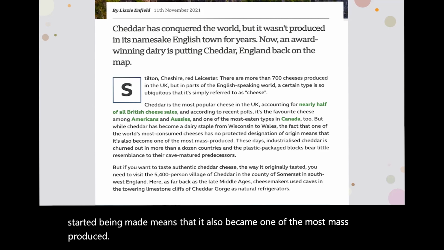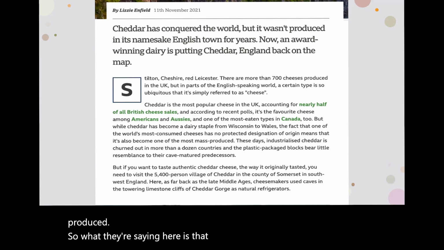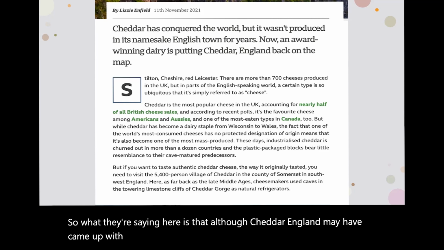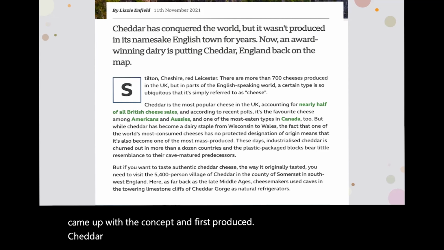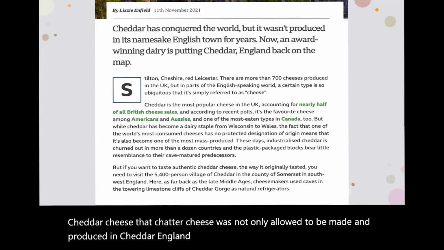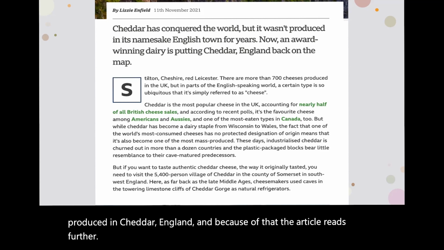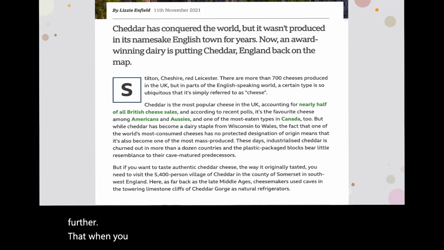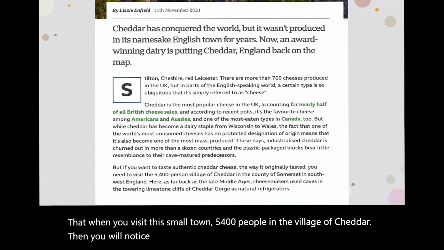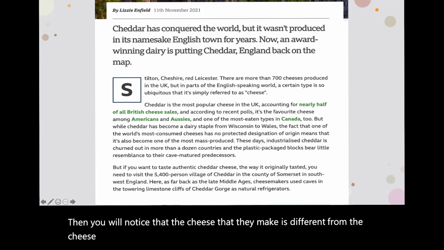So what they're saying here is that although Cheddar, England may have come up with the concept and first produced cheddar cheese, that cheddar cheese was not only allowed to be made and produced in Cheddar, England. And because of that, the article reads further that when you visit this small town, 5,400 people in the village of Cheddar, you will notice that the cheese that they make is different from the cheese that you may buy elsewhere.